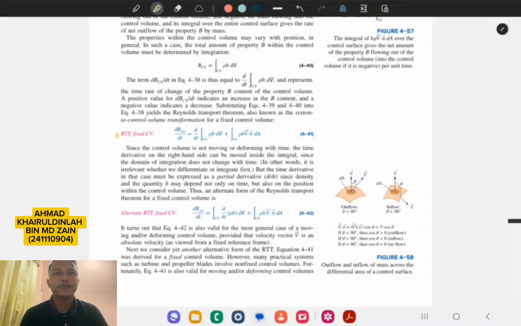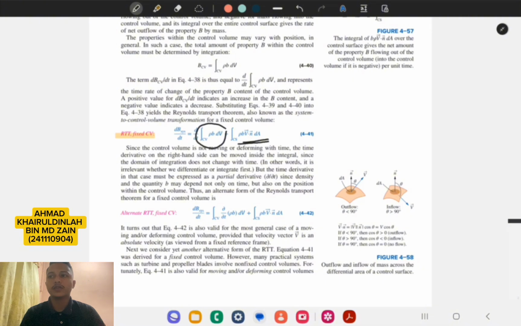So for a fixed control volume, meaning non-moving and non-deforming, RTT for a fixed CV is equal to these equations. This part is the change of capital B system due to the unsteadiness, and this part represents the change of capital B system due to the movement of fluid across the control surface.